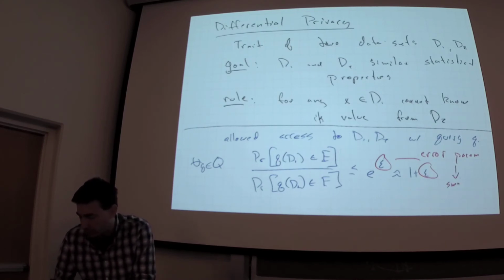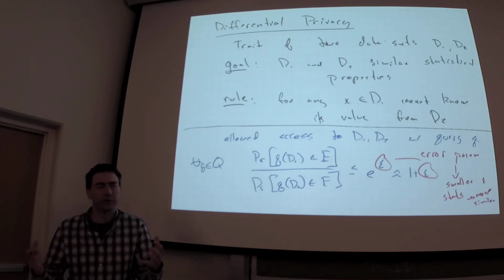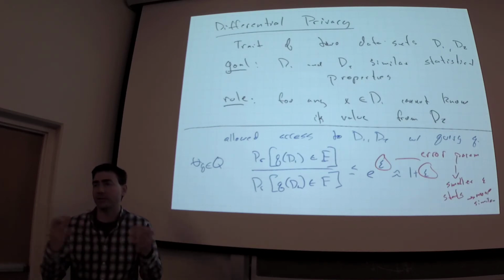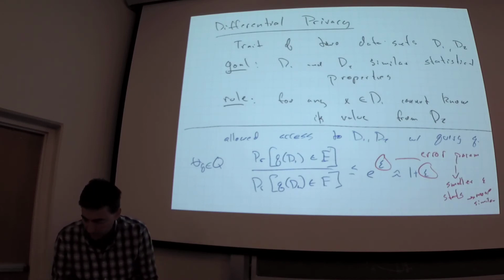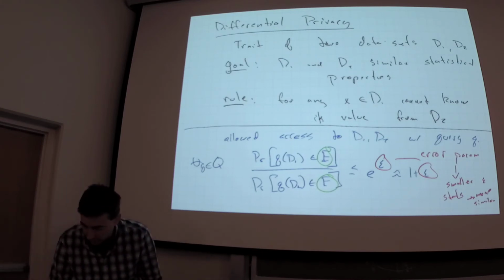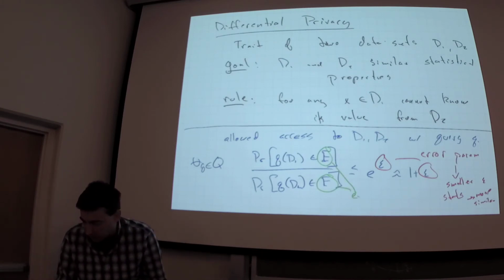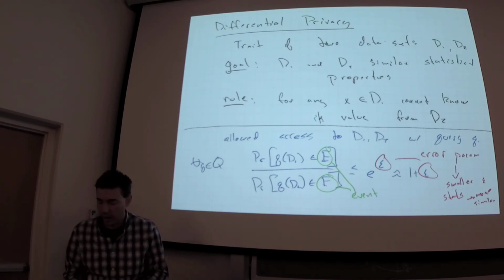So the smaller the epsilon, the more similar the stats are going to be to each other, right? So I want epsilon to be small, so my statistical analysis is better. But at the same time, this is describing some sort of event I want to detect.